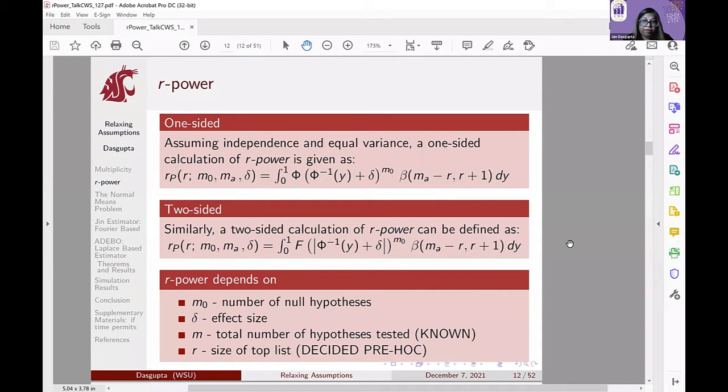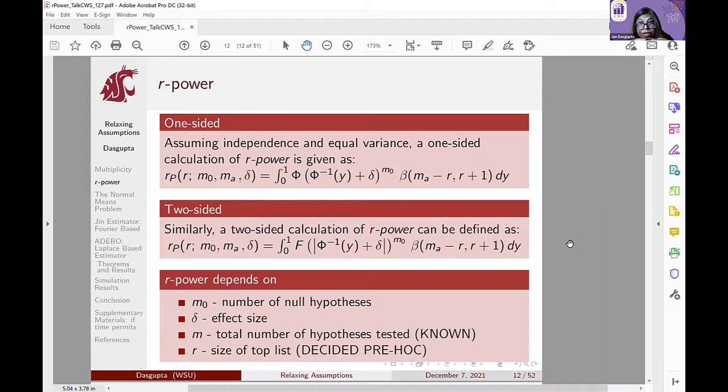It came out to be something that could be analytically determined, and we found the analytical formula for R power. If you look at the formula, you will see that the integration is not difficult at all. It's just an integration between 0 and 1. It's a normal density multiplied by the beta density. So again, very, very doable.